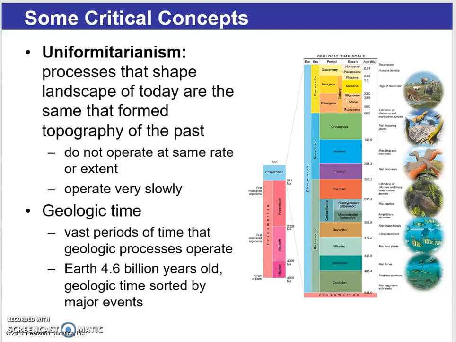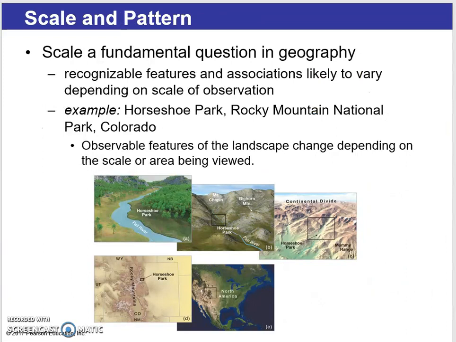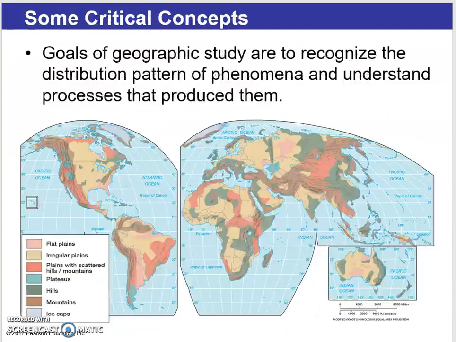Uniformitarianism: processes that shape the landscape today formed the topography of the past, and operate slowly at the same rate or extent. Geologic time we see in billions of years, where much of what we see today is how the Earth and its crust is formed. Scale tends to be a key aspect in geography. So what is the extent of the area that's changing?